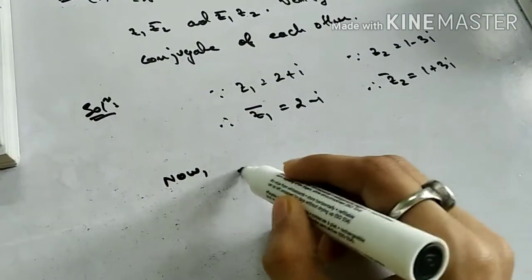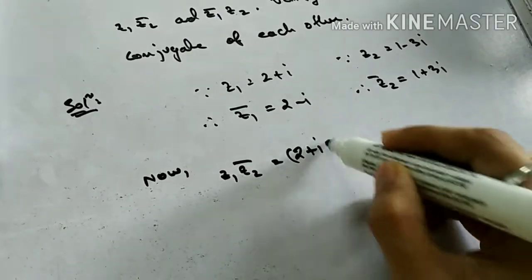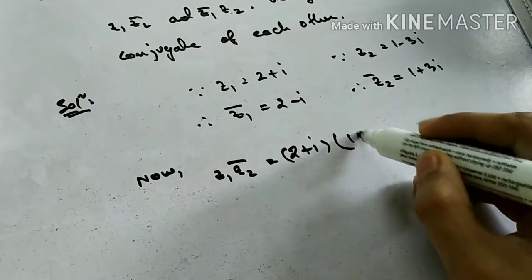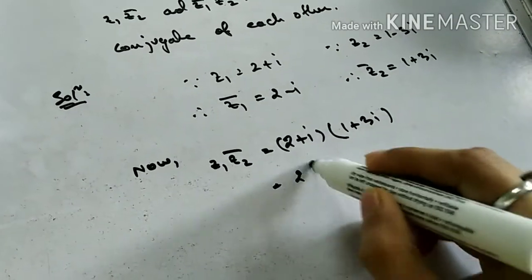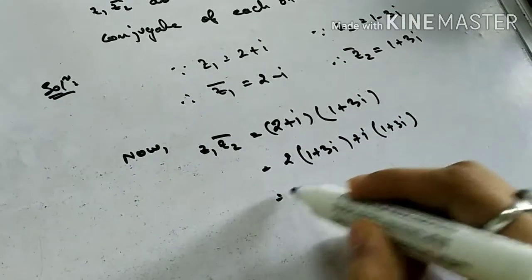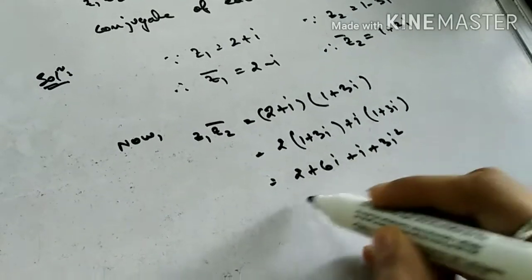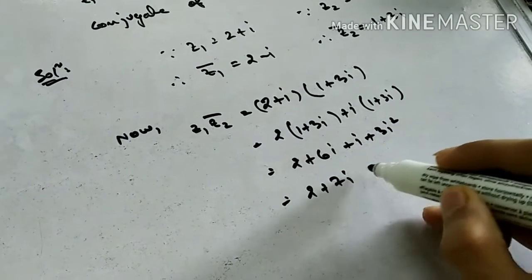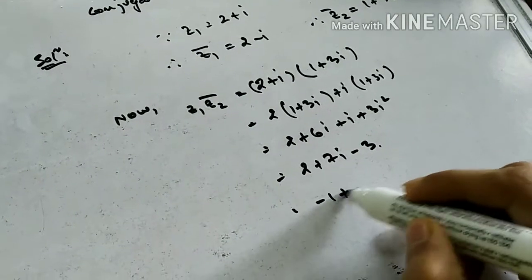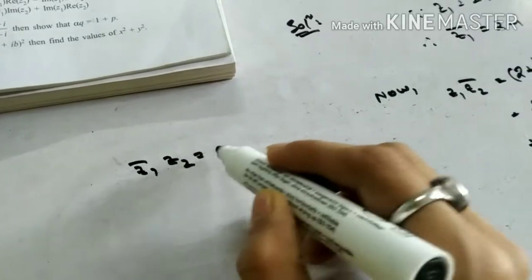Now Z1 into Z2 bar: Z1 is 2 plus i, Z2 bar becomes 1 plus 3i. 2 times 1 plus 3i plus i times 1 plus 3i. 2 plus 6i plus i plus 3i square. So 2 plus 7i minus 3, which is minus 1 plus 7i. Okay, this is our equation 1. And next I have to find Z1 bar into Z2.